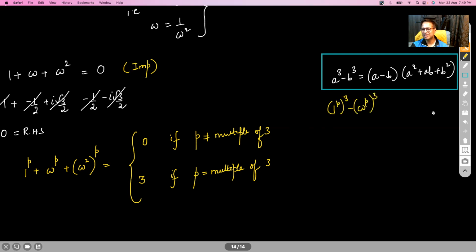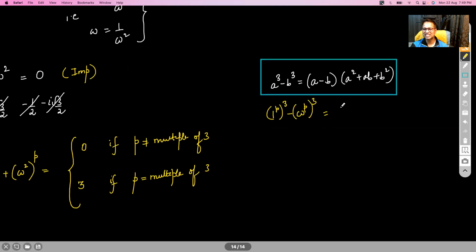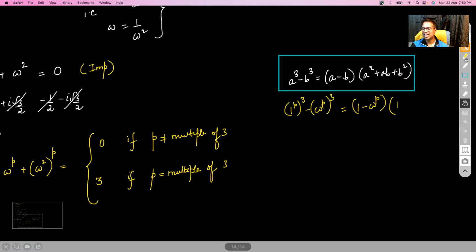So in light of this expansion, can I write this as 1 to the power p, which is 1 only, minus omega to the power p, into 1 square, which is 1, or you can write it as 1 to the power p also, doesn't make a difference. And what about this? This will become 1 into omega to the power p, and this will become omega square to the power p, which you can write as omega to the power 2 whole to the power of p.